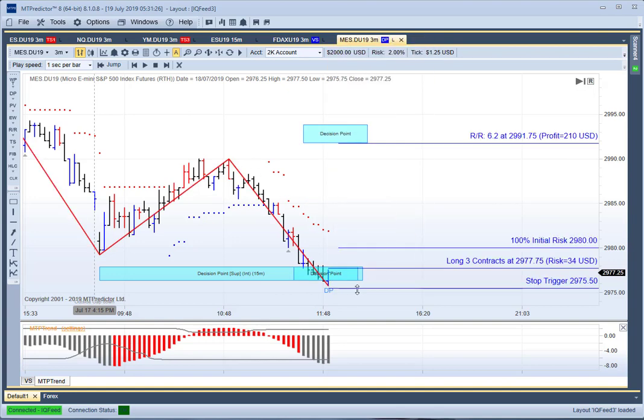This gives you the position sizing, so it gives you the entry level and the stop trigger, and also our potential target level, but also calculates the number of contracts or shares or lots, in this case contracts, to trade. Now here I'm using quite a small account. I'm using a $2,000 account, and this is where the E-mini micros can really help out, because if I use our normal $20,000 account, you can see obviously that's a lot higher contracts.